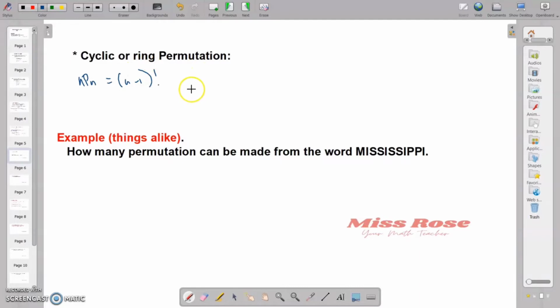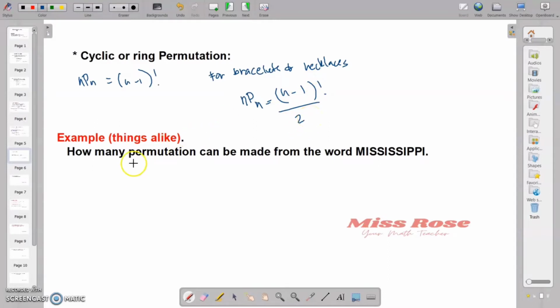For bracelets and necklaces, the formula for permutation is n minus 1 factorial over 2.